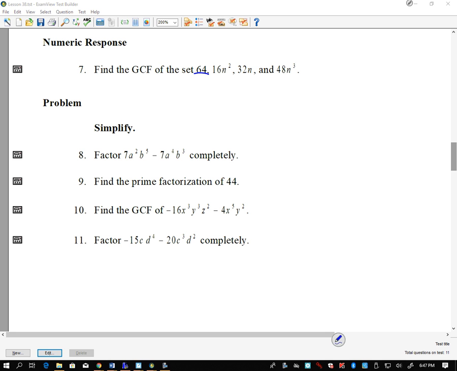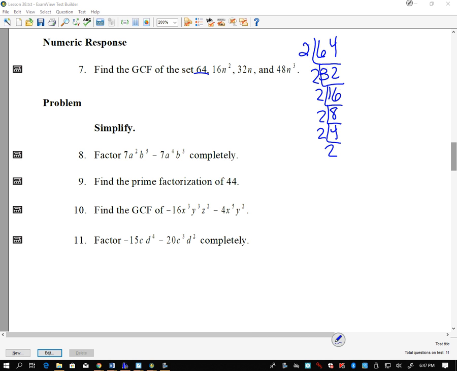So we can take 64, and that's going to be 2, and I always like to start with a prime. You could do 8 and 8, but then I'm going to have to break that 8 down again. So we get 2 and 32, 2 and 16, 2 and 8, 2 and 4, 2 and 2.